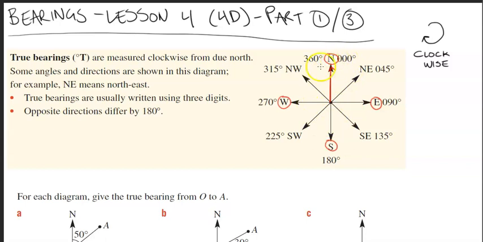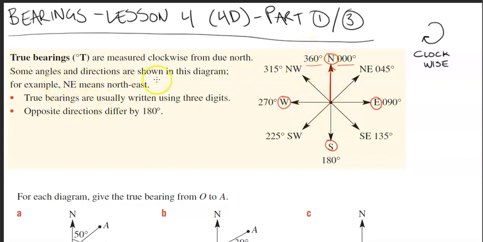So technically north here can be considered as 2 different true bearing measurements, 000 degrees and 360 degrees. They both can suffice, just depending on how many rotations you have made. If you've made no rotations, you're at 0. If you've made 1 rotation, you're at 360.